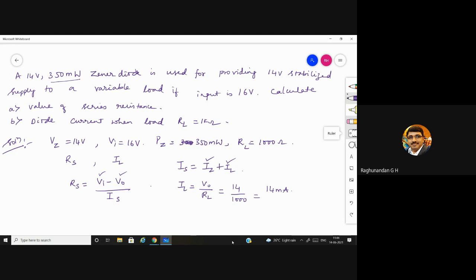In order to find IZ, we have the formula. We can use the power formula. PZ is equal to VZ into IZ. So this implies IZ is equal to PZ by VZ.